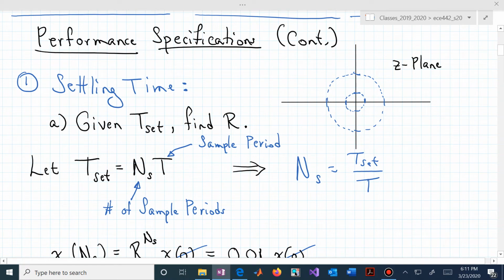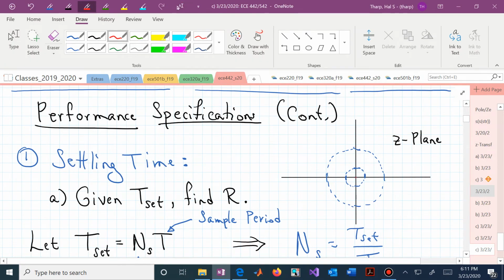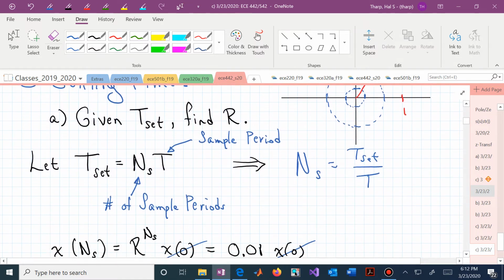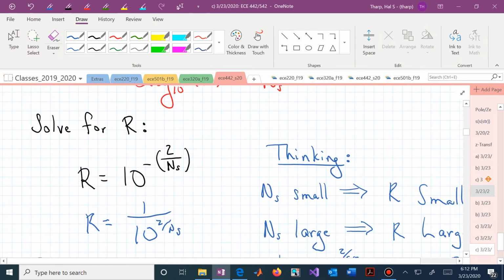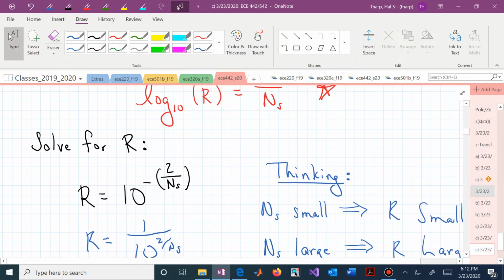If r is large, which corresponds now to this radius, then that's closer. Let's say if everything is inside the unit circle, that r value is closer to the unit circle, so it's going to correspond to a slower system, which means that n sub s is larger.